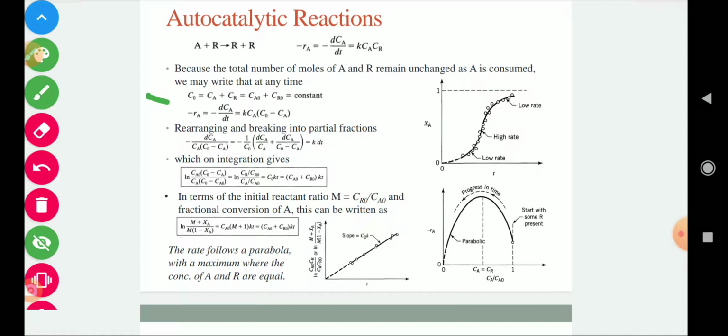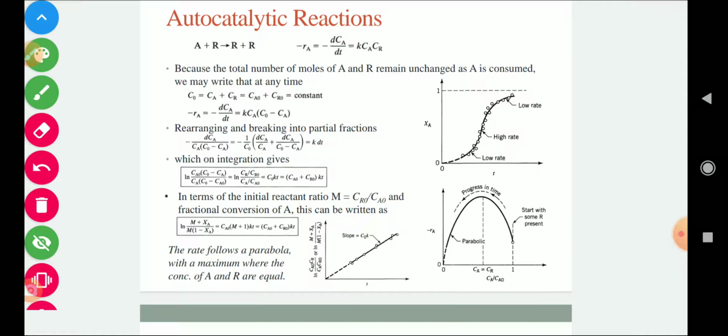So C0 equal to Ca plus Cr or Ca0 plus Cr0, that is constant. Then this Ra will be equal to k Ca (C0 minus Ca). If we put in the above, Cr will be equal to C0 minus Ca from the above equation. So we get this expression. If we rearrange this equation and break it into partial fractions, we get this equation which on integration gives this expression.